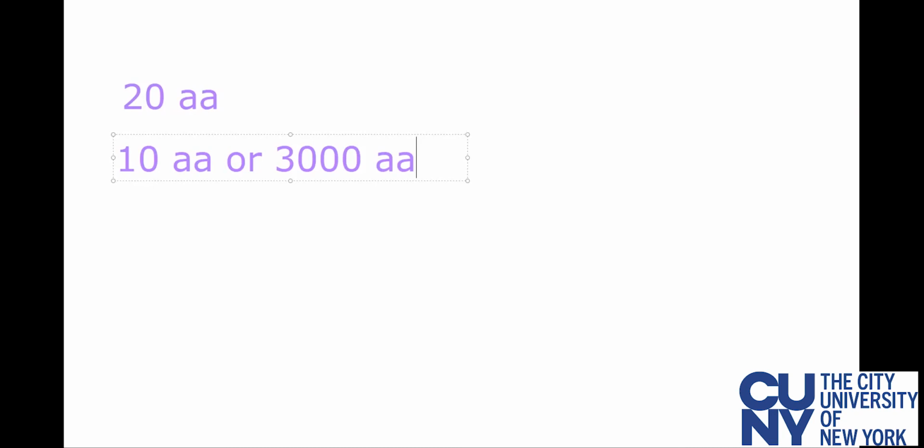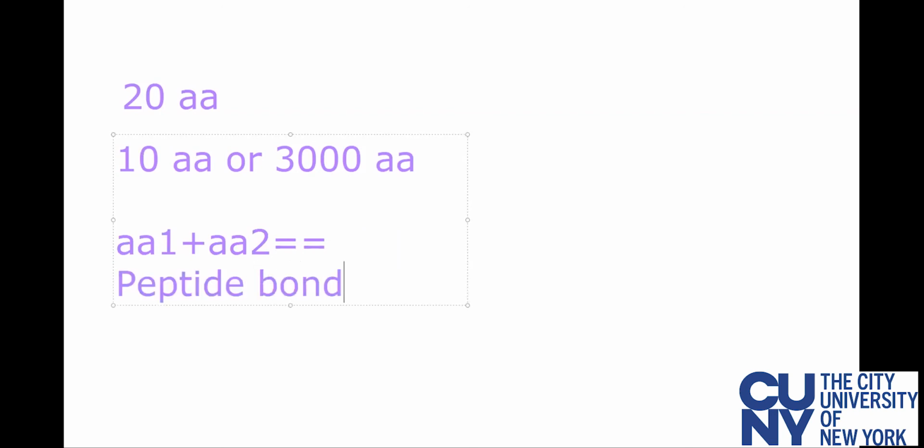Likewise, a protein could be made up of 10 amino acids. So how are 2 amino acids connected? The 2 amino acids are connected to each other by a bond called a peptide bond. I won't go into the detail, but to be specific for this question, 2 amino acids are connected in a protein by a peptide bond.